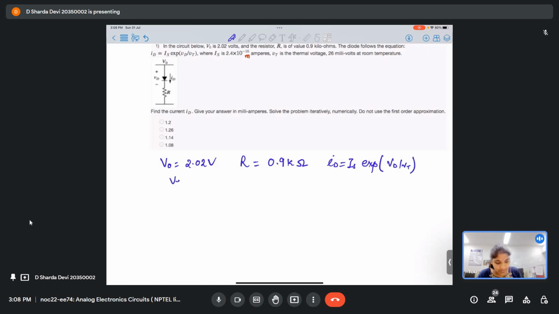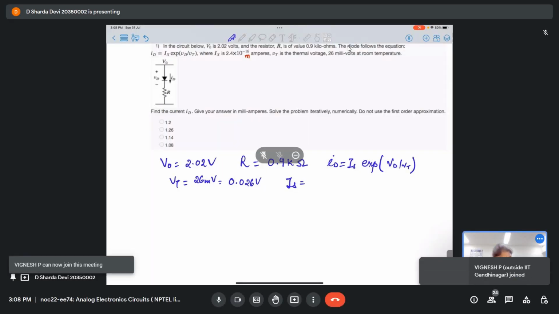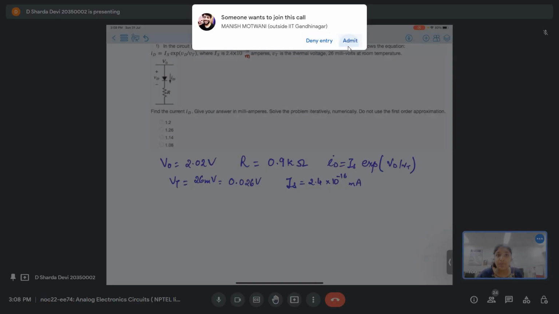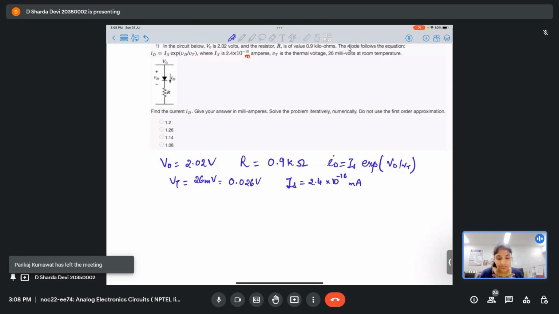Here Vt is given as 26 millivolts, or 0.026 volts. Is is 2.4 into 10 to the power minus 16 milliamps. With these values given, we have to find the value of ID using the iterative method.